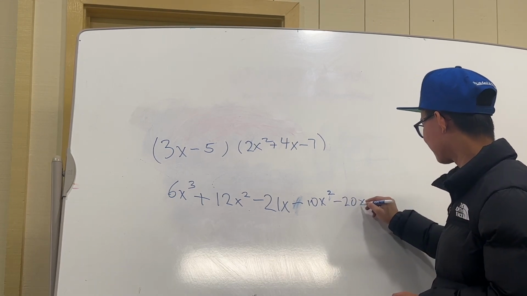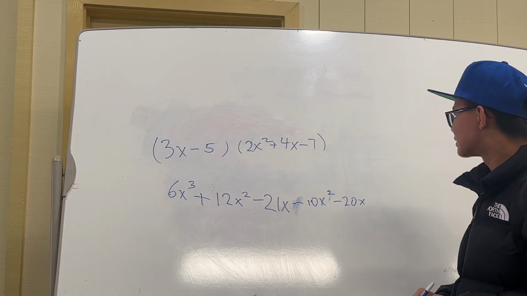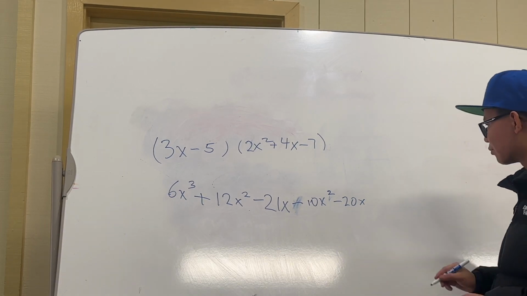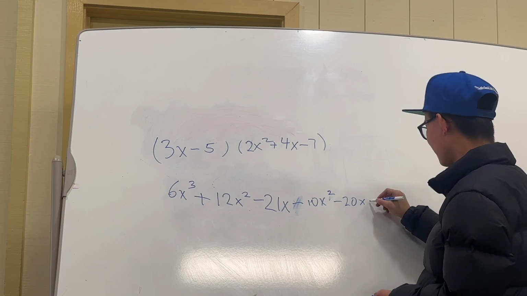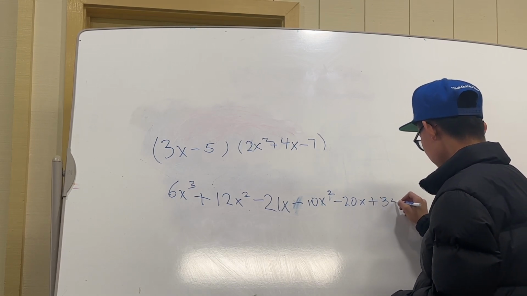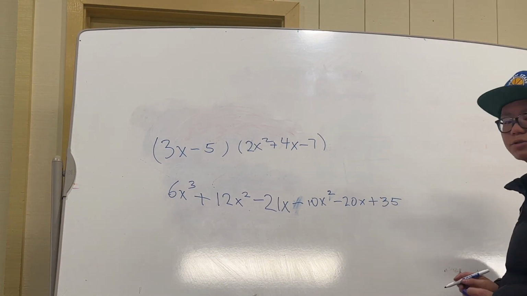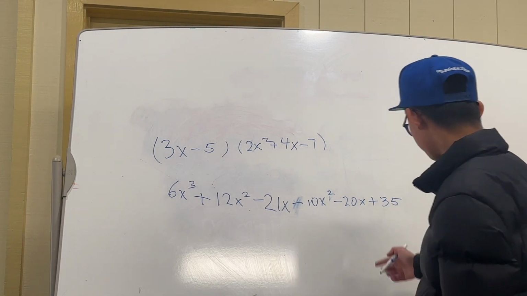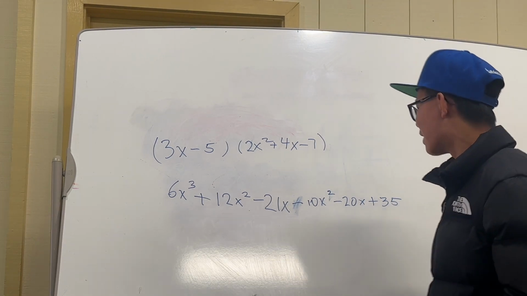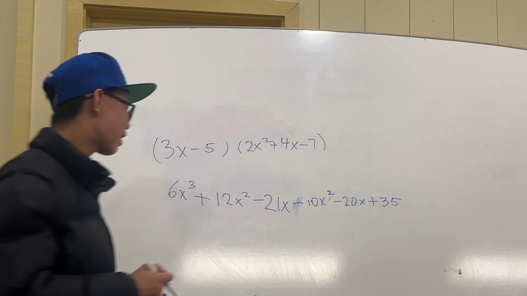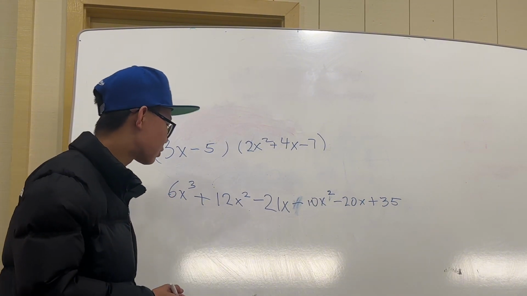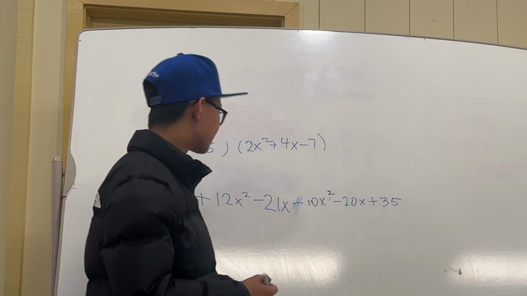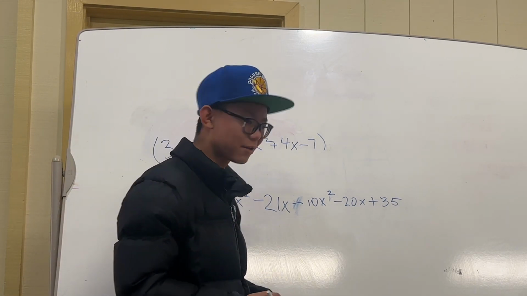And negative 5 times negative 7 is 35, since two negatives become a positive, so that becomes positive 35. And now we have a very, very long 6x cubed plus 12x squared minus 21x minus 10x squared minus 20x plus 35.